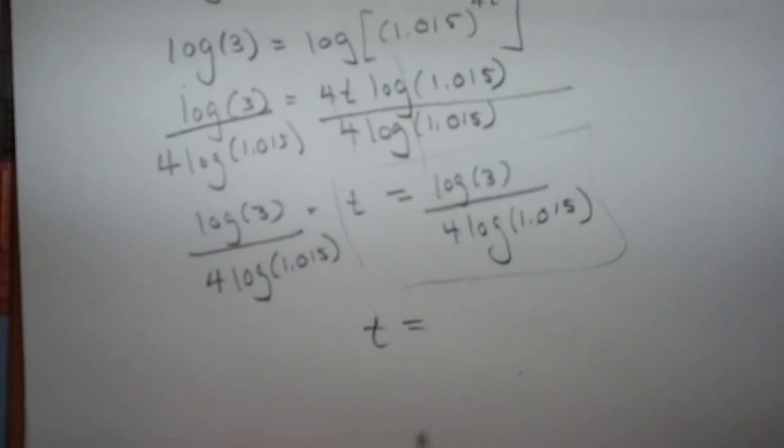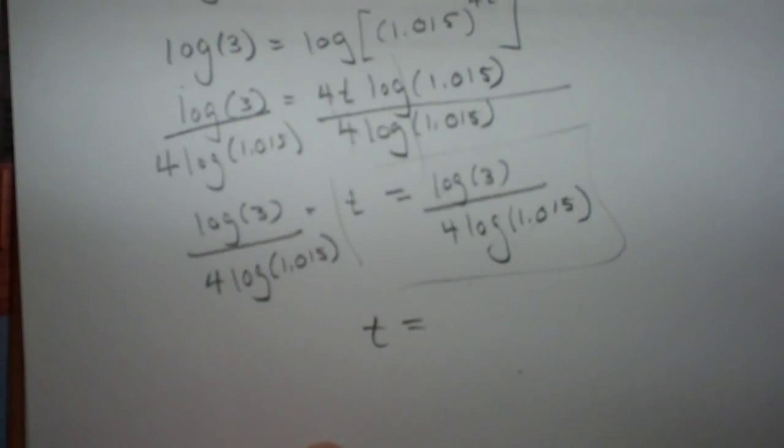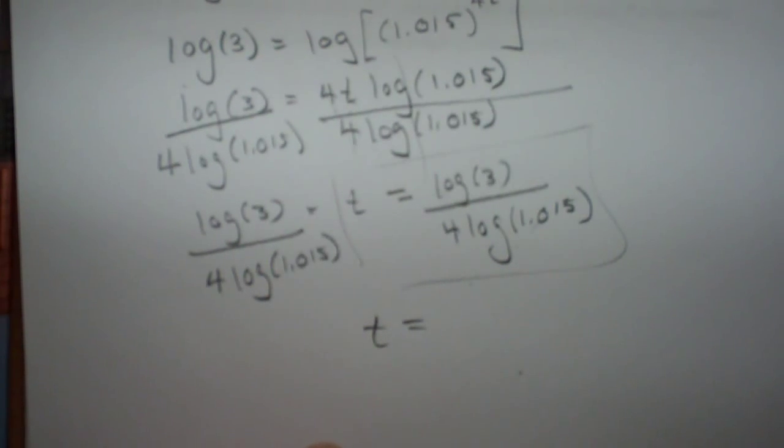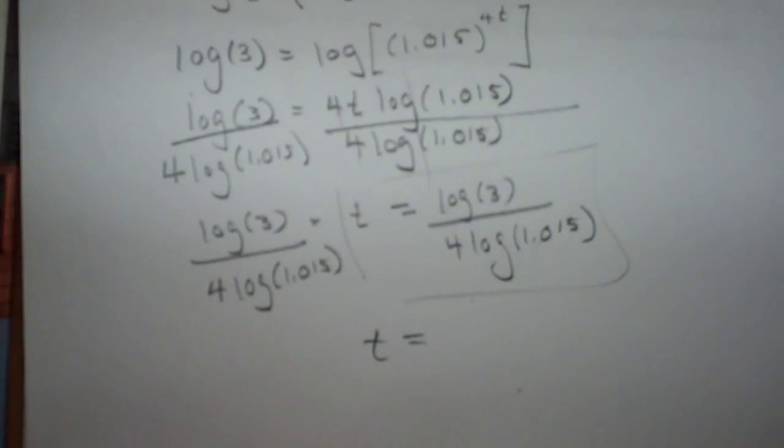So t is equal to, I'm typing it in the calculator right now, the log of 3, and then that is divided by 4 times the log of 1.015. I'm using my parentheses here. I press enter.